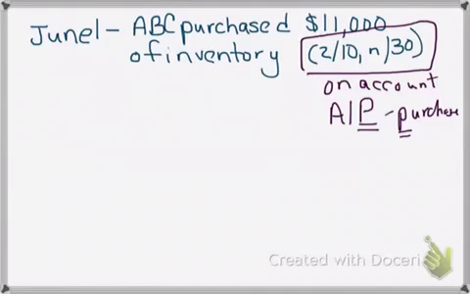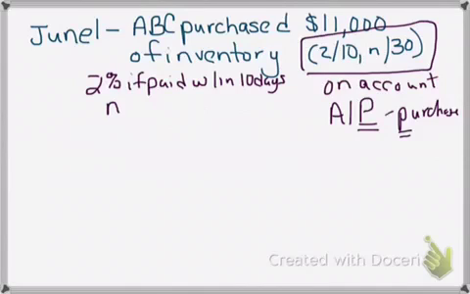The other thing that we have to look at is what does 2/10 net 30 mean? Well, what it means is that we are going to have a 2% discount if paid within 10 days. If we don't pay it within 10 days, then the net, the total amount of the bill, is going to be due in 30 days.